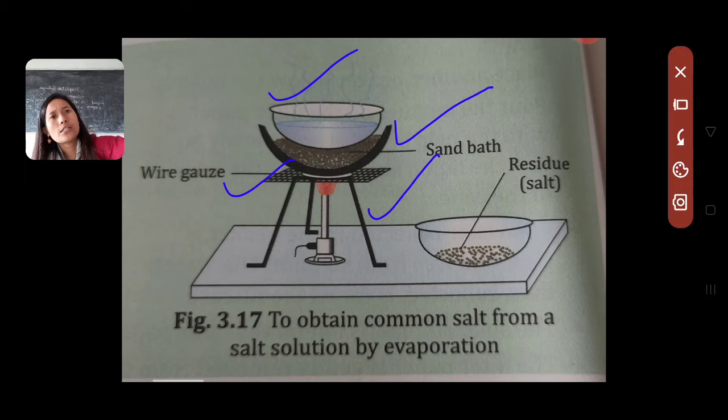After keeping this setup for a while, you will be left with only salt residue in this container. So you are getting the pure salt out of a salt solution. So evaporation is also a separation technique, and we can see how we are obtaining salt from a salt solution following this method.